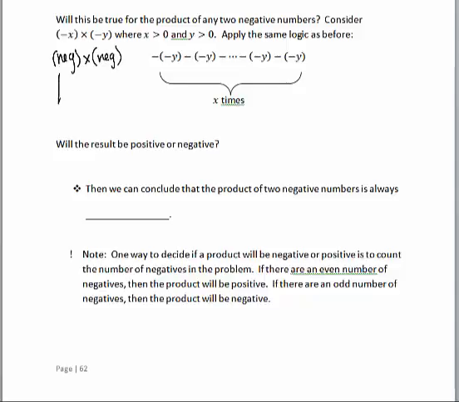So this first one we interpret as repeated subtraction. And then the second one we just interpret as the number being subtracted.